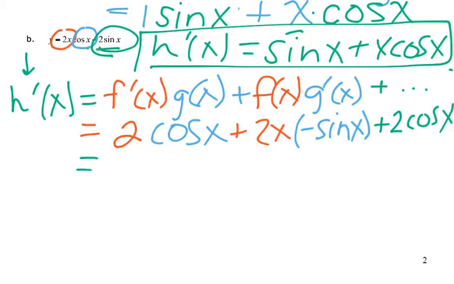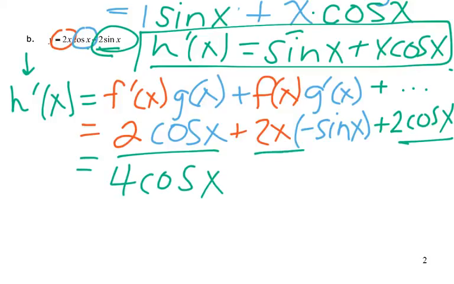Okay, so put it all together. We have 2 cosine of x, 2 cosine of x. That makes 4 cosine of x. And then 2x times negative sine of x, negative 2x sine of x. And that's our derivative for the whole function. Actually, I just noticed something. I covered up, this is supposed to be a minus sign. So let me go back in.